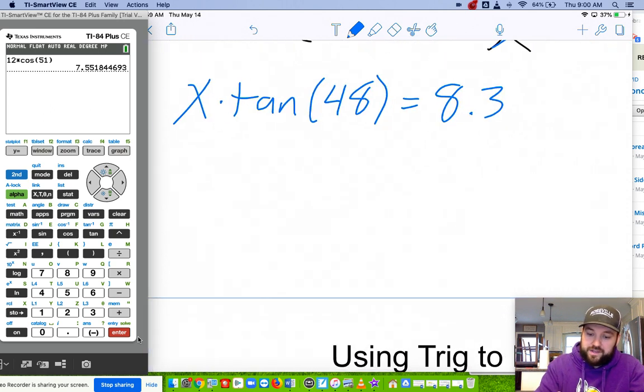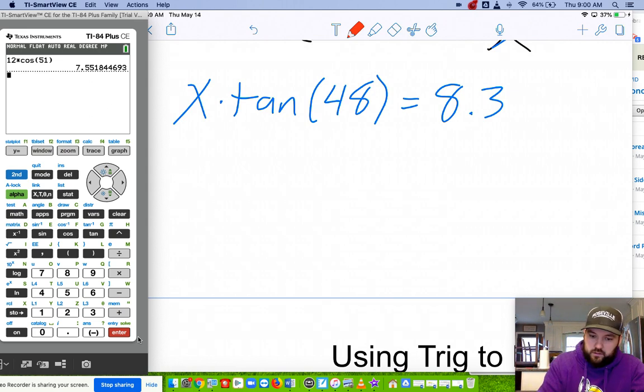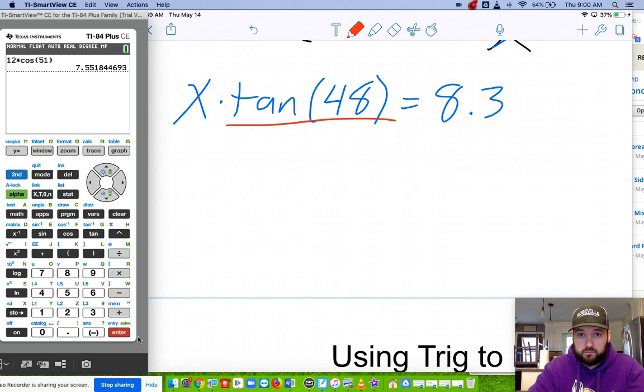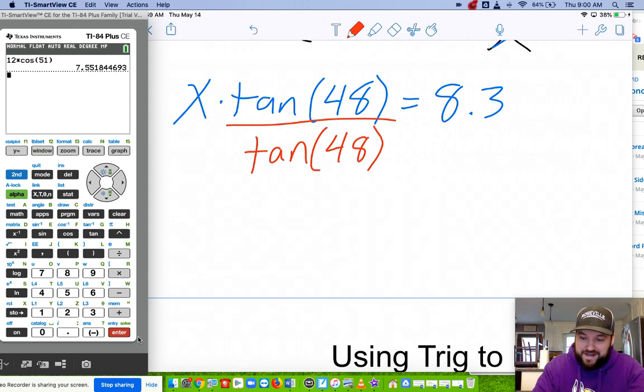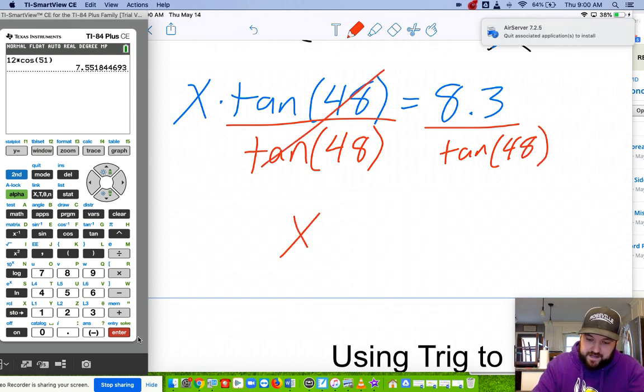Now, to get x by itself, I need to get rid of this tan 48 thing. But again, the sine, cosine, or tangent of any angle, like this right here, is just a single number. It's something that's stored in the calculator. So I can divide, and I know this looks weird, I can divide by tan 48 on both sides. That cancels there.